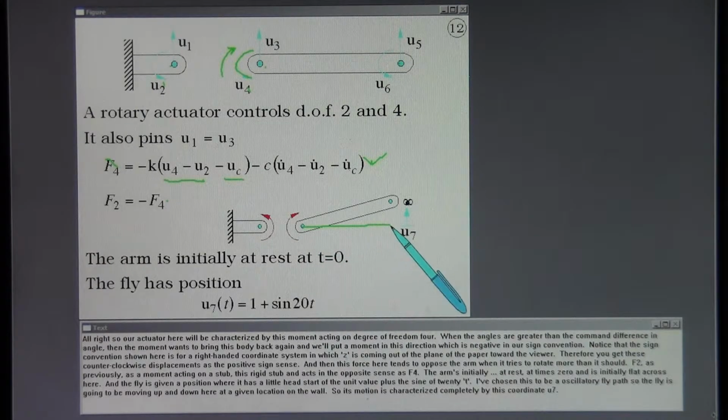And the fly is given a position where it has a little head start of a unit value plus the sine of 20t. I've chosen this to be an oscillatory fly path, so the fly is going to be moving up and down here at a given location on the wall. So its motion is characterized completely by this coordinate U7.